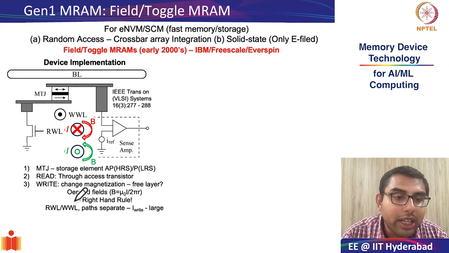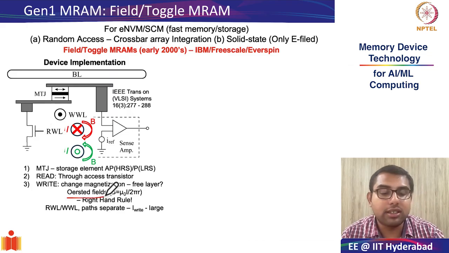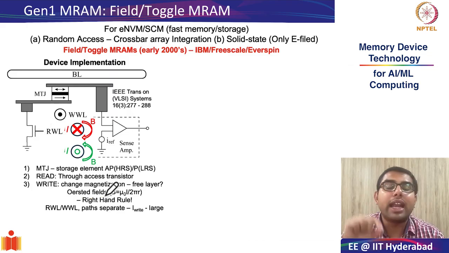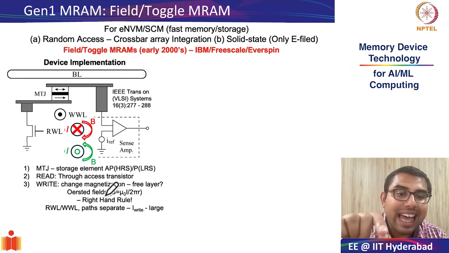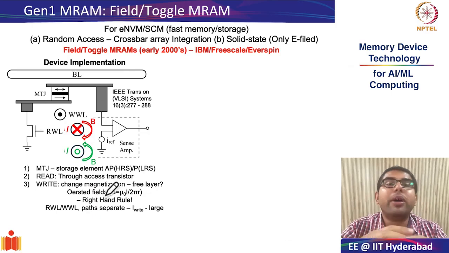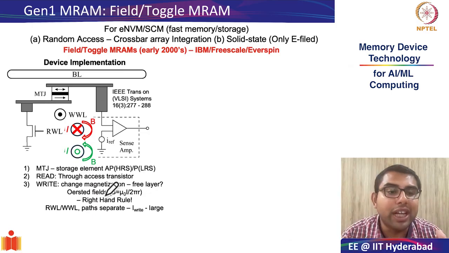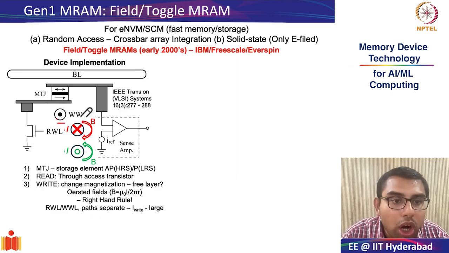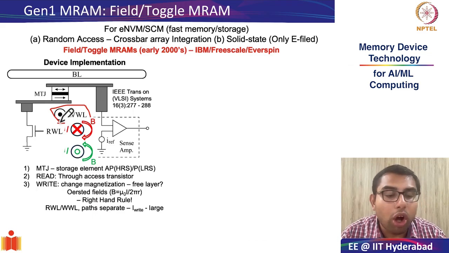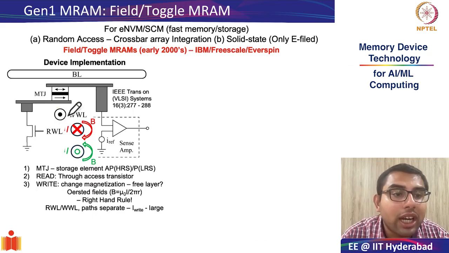It is done by using something called Oersted fields. Remember, whenever there is a current carrying conductor, it emanates out magnetic fields. These are called Oersted fields. So this is the principle of doing write operation in field or toggle MRAMs.